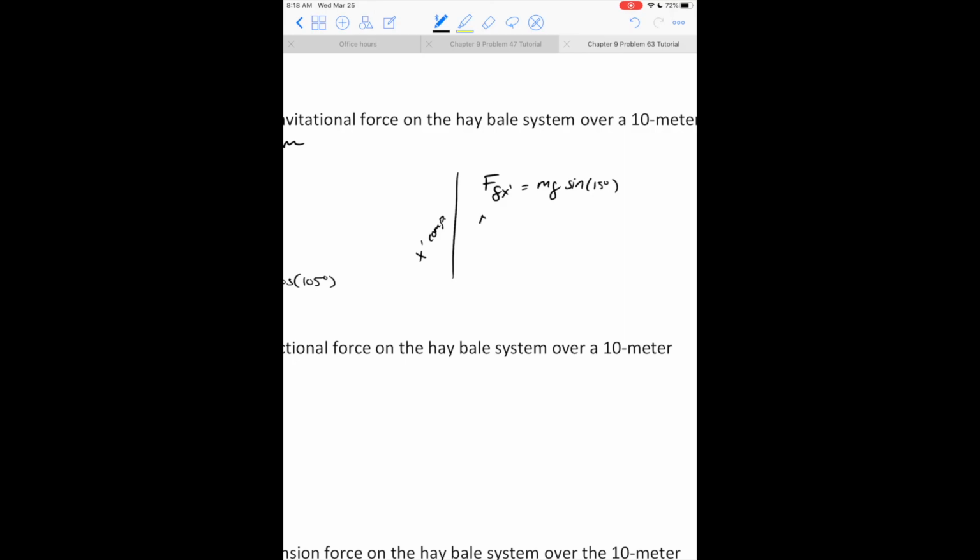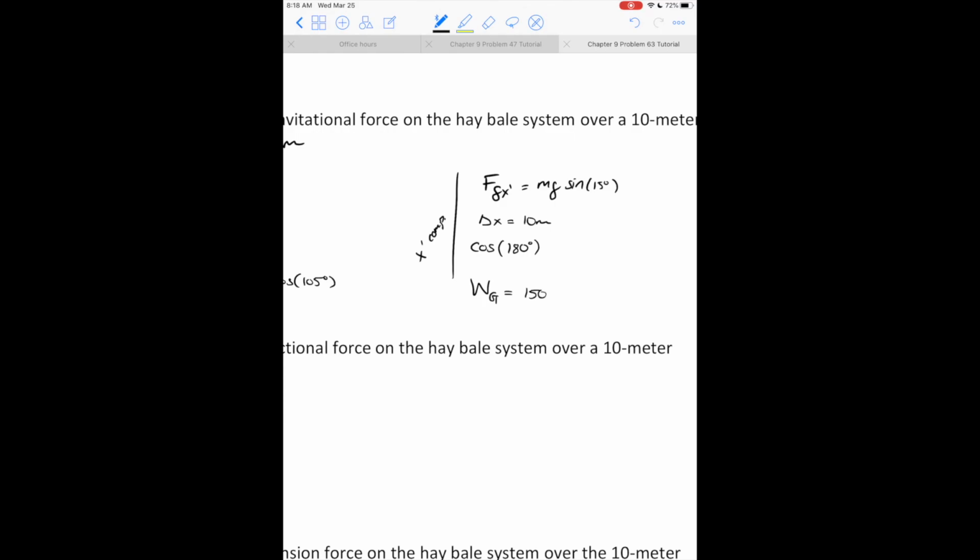Delta x is still 10 meters. And then the cosine theta would be cosine of not 90, but 180 degrees. That would give us a negative 1.